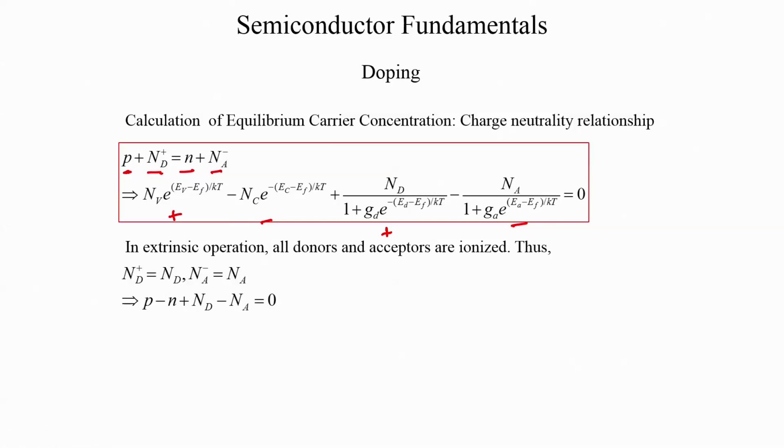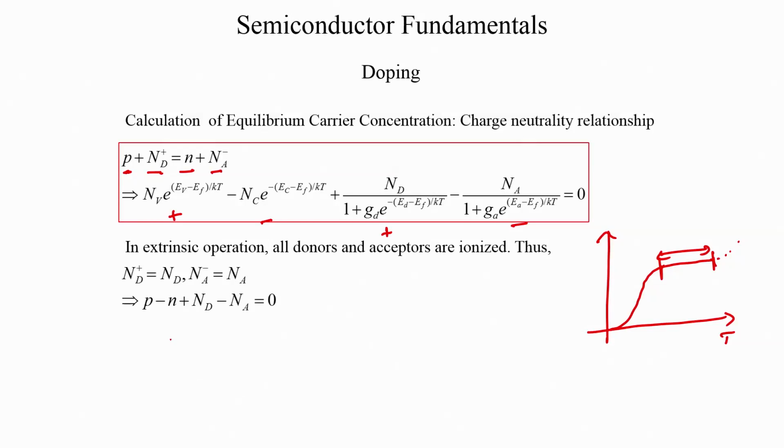You have the positive charges and you have these negative charges that must balance out each other to maintain charge neutrality. Now, in the case of extrinsic operation, that is, we are talking about this region of the curve, we have gone past freeze out and we are in extrinsic operation and we have not yet reached intrinsic operation. So, we are talking about this region where all the donors have ionized and all the acceptors have ionized.